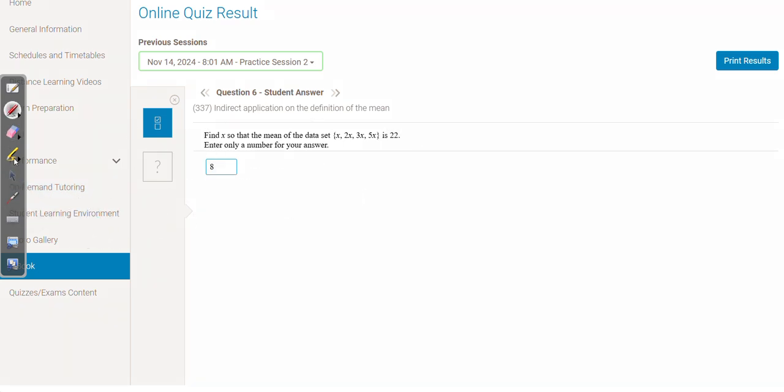This is a basic indirect application of the mean definition. What do they mean here by find x so that the mean of the data set is 22? What is the mean? Mean is basically the average. If you have 2 scores, how do you find the average? You find the average by x1 plus x2, and divide that by the number of values, so 2.